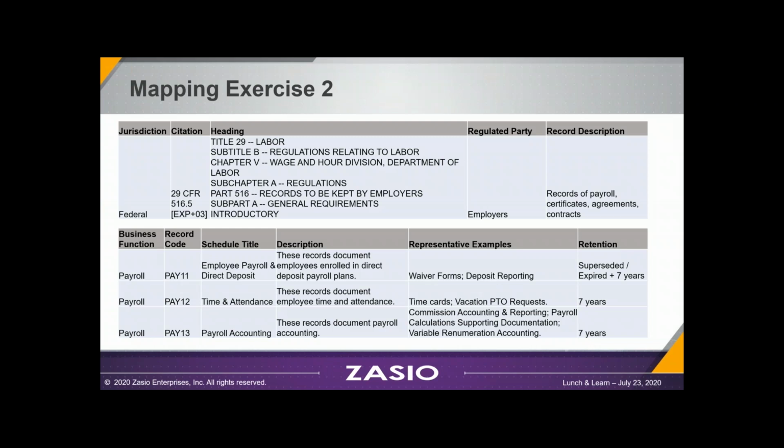If it's a truly functional retention schedule and those agreements and contracts are kept within the legal contracts record series within a legal function, I'd also want to apply it there. So this is another example where one citation may apply broadly. If we were thinking about a departmental retention schedule, then this would potentially apply in multiple places as well.